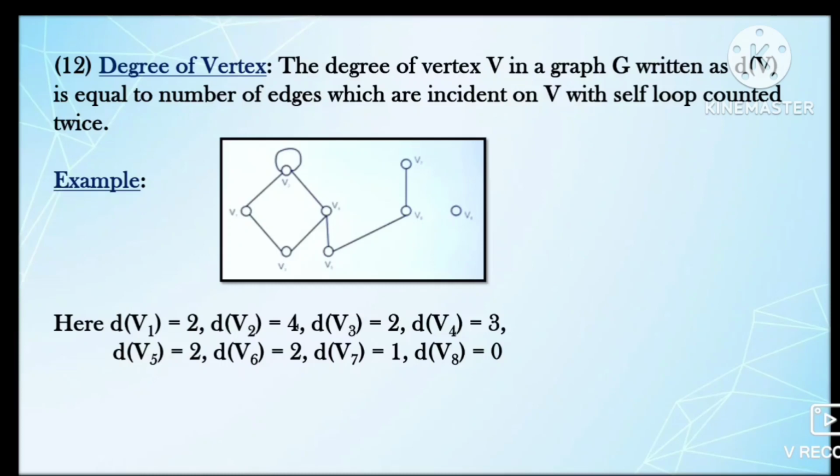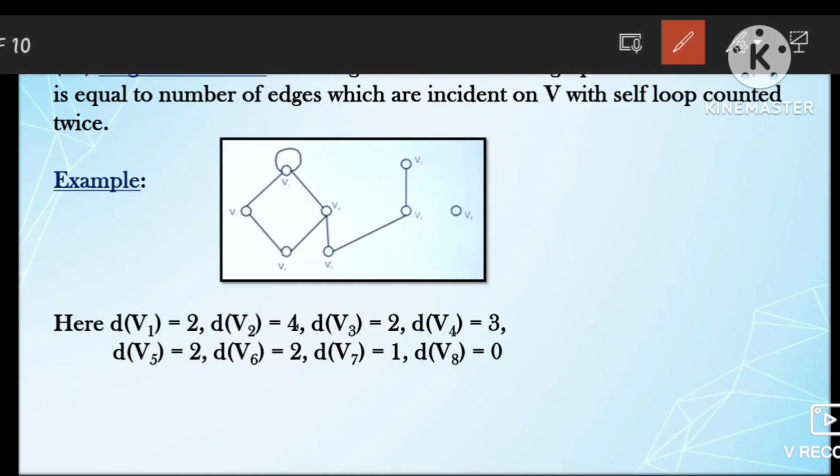Now 12th is the degree of vertex. The degree of vertex V in a graph G, written as d of V, is equal to the number of edges which are incident on V, with self loop counted twice. In the example you can see that this is the V1 vertex, it is joined to the V2 vertex through this edge and to the V3 vertex through this edge.